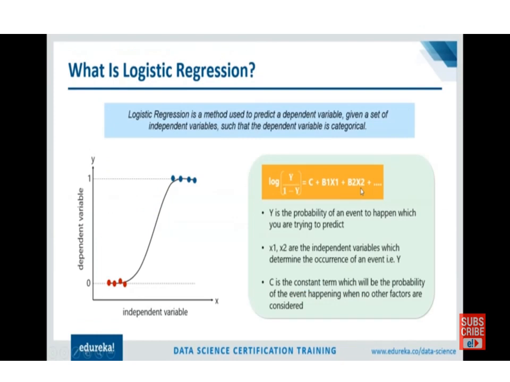What is logistic regression then? Logistic regression is a method used to predict a dependent variable given a set of independent variables. So in logistic regression we have a set of independent variables through which we are going to predict the value of the dependent variable. And here the dependent variable is categorical in nature.